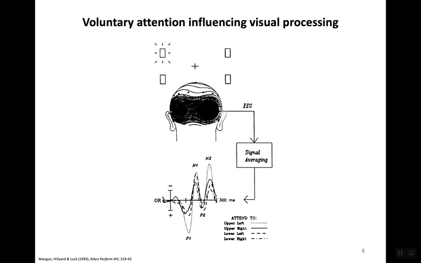And we see that this increase in amplitude happens at the level of P1, which is the earliest we might expect, as well as N1 and possibly also N2, another subsequent negative deflection in the ERP waveform.